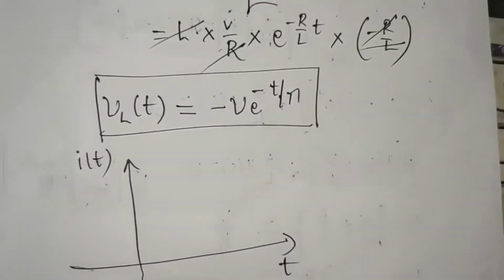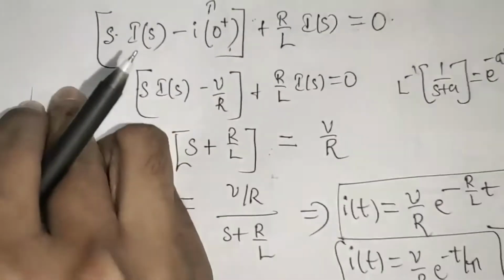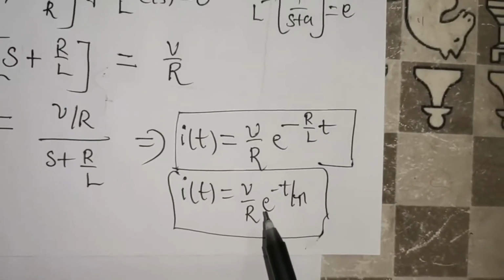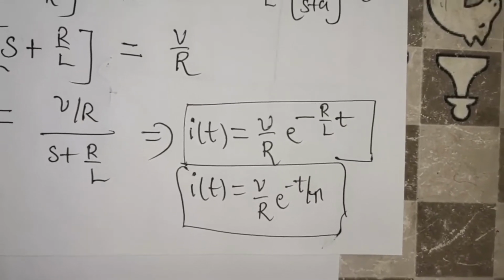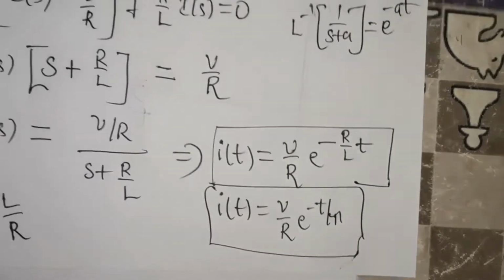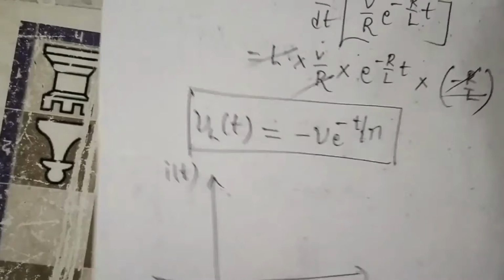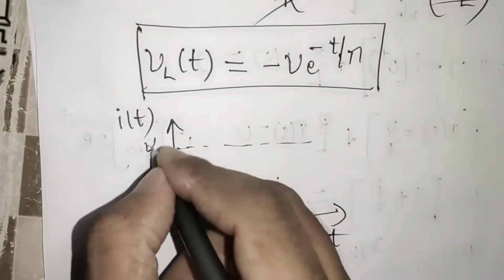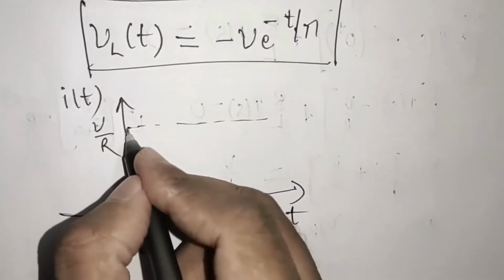So from the expression of I of t, we can clearly say that the response will be exponentially decreasing from the value V by R. So the steady state value will be V by R. That is, if suppose this is the steady state value V by R, the response will exponentially decay from V by R.